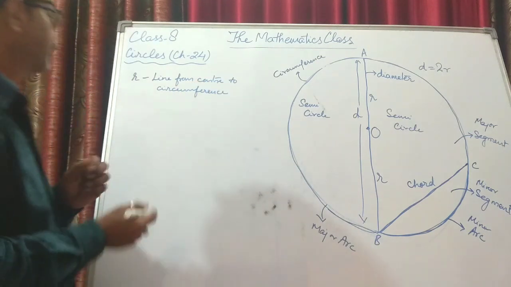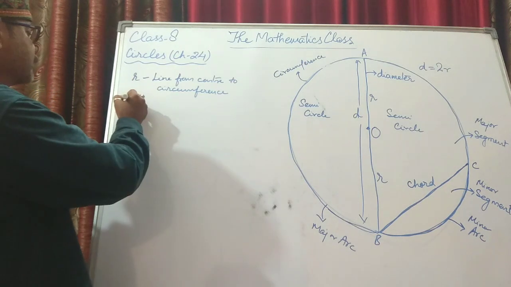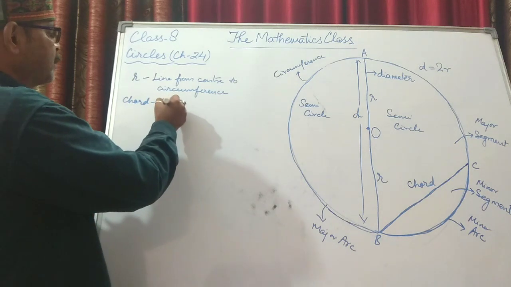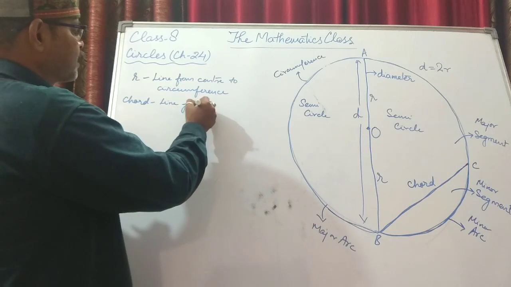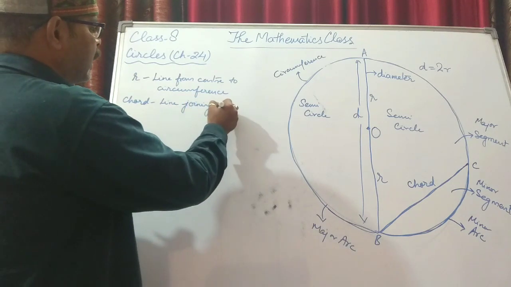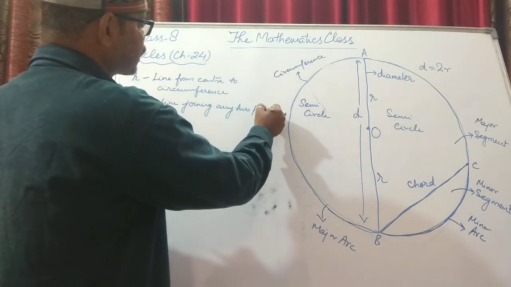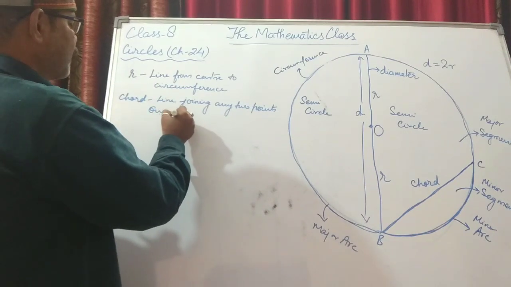This is the definition of radius. Then chord. What is a chord? A line segment joining any two points on the circumference.